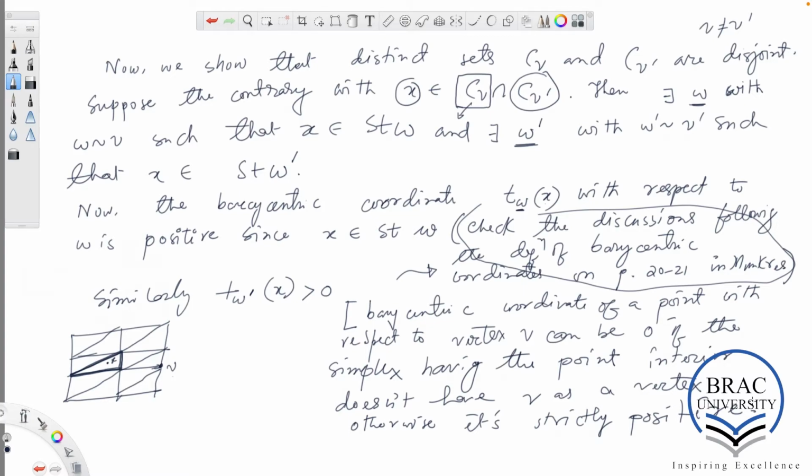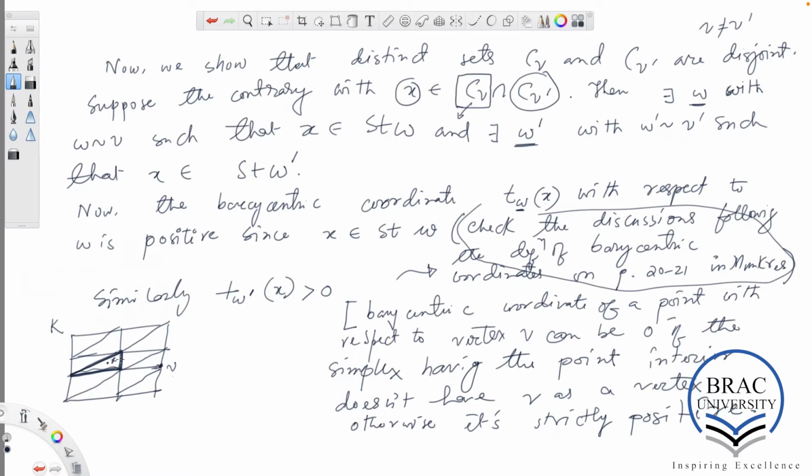And it's immediate from the definition of a complex that the point x is interior to precisely one simplex of K. So for this complex K, x is in the interior of this bold 2-simplex.